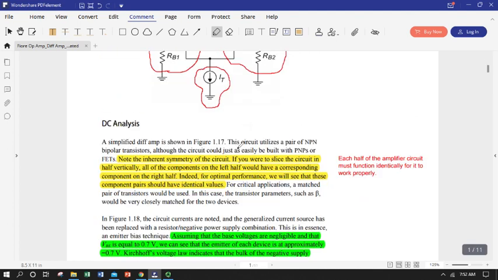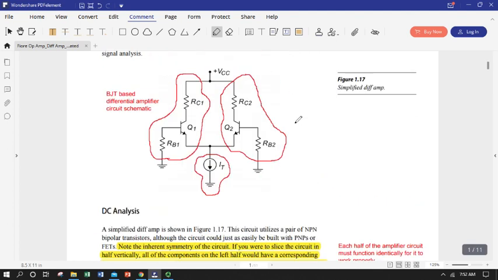Okay, so we're going to just go through and analyze this mirror image differential amplifier using the same procedures we would have if we'd just been looking at any kind of common emitter BJT amplifier. And I say common emitter because, as it turns out, when we do our AC analysis, we're going to take our signals out at the collectors.